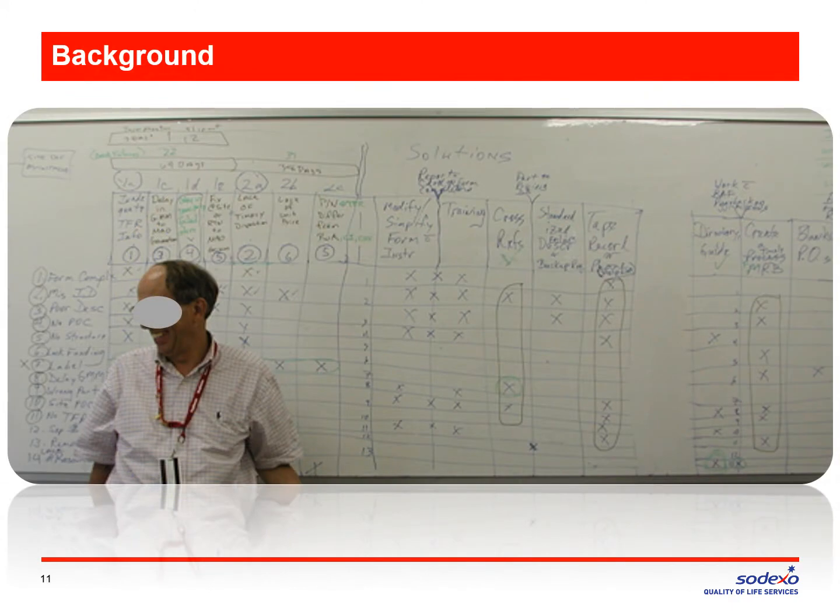Here's a photo taken many years ago of a friend of mine doing a KILN project we were working on in Brazil, and you can see there are 7 different faults identified on the top left of this whiteboard, and then root causes are listed on the left, and there's a tracking that's done just with X's.